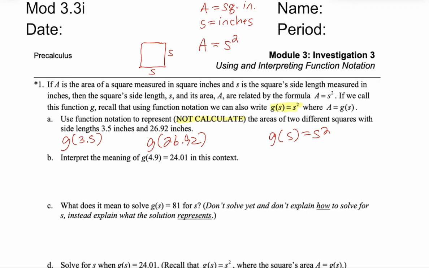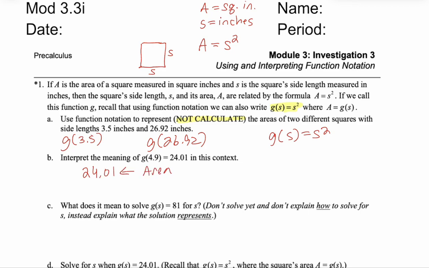Now B says, interpret the meaning of g of 4.9 equals 24.01. Can anybody share with me, what do you think that means? Yes, Gavin. You are correct.